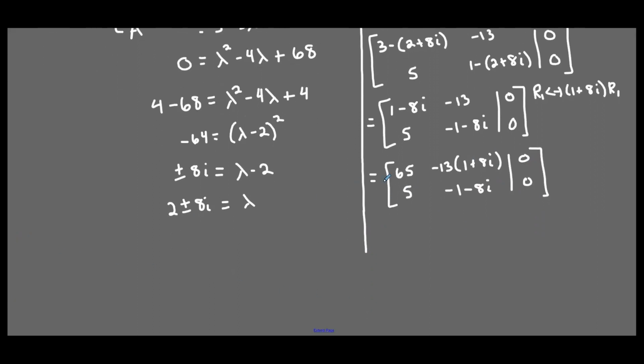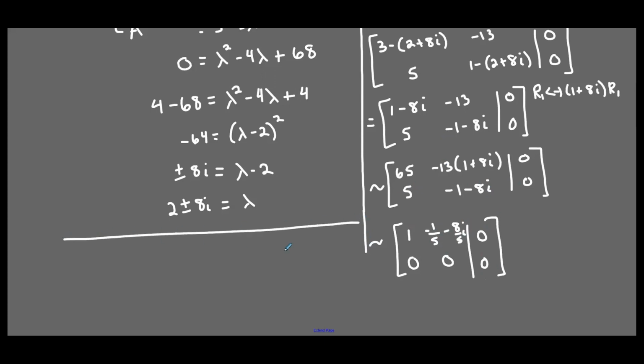We can see that the first row is a multiple of the second row. So the first row is 13 times the second. So we can get rid of one of these rows. And then I'm going to divide this row by 5. Right. So that is our row reduced matrix.